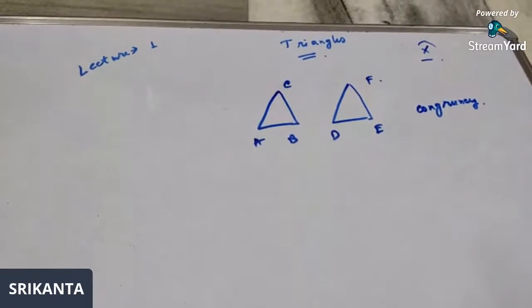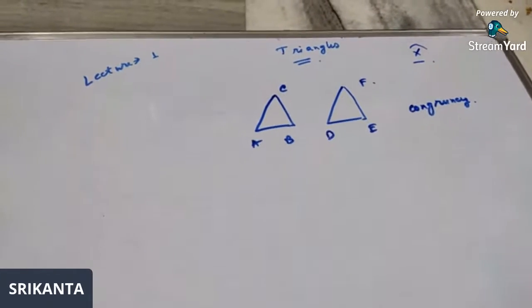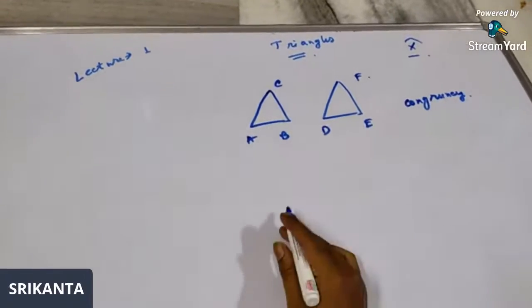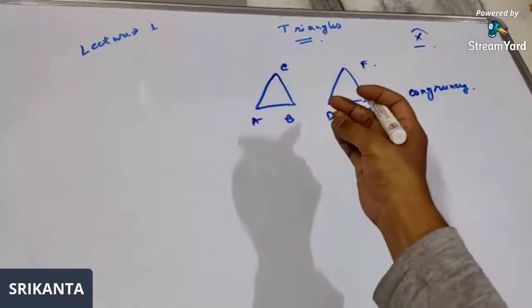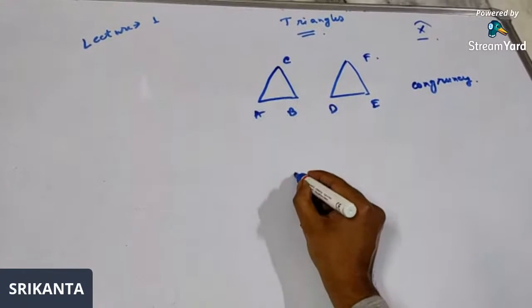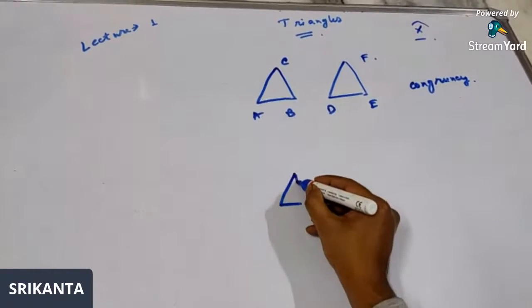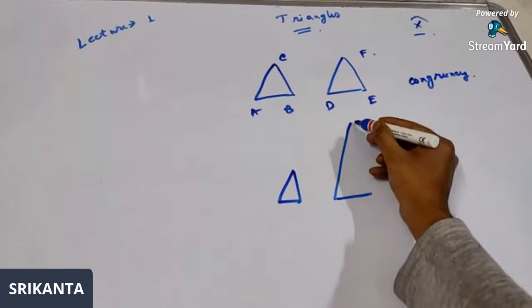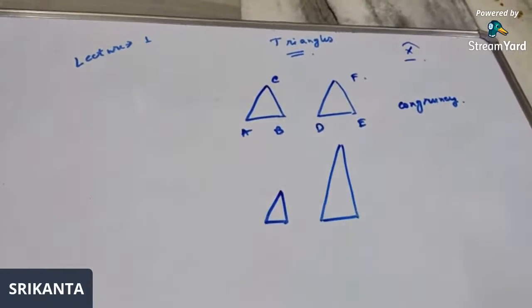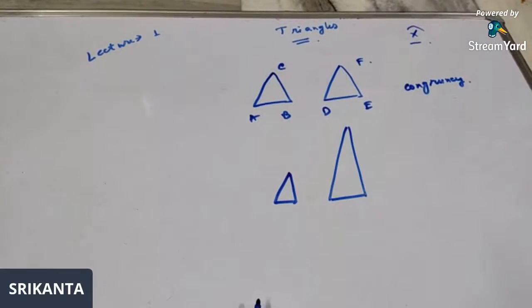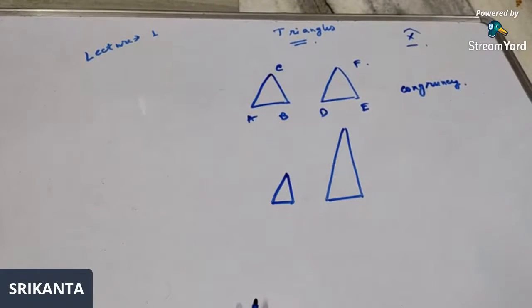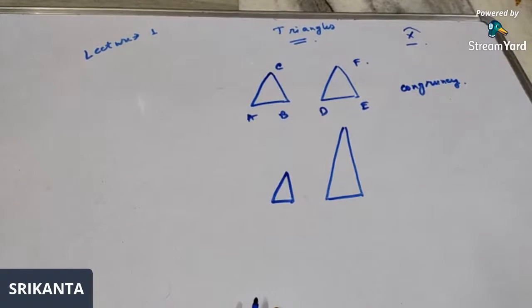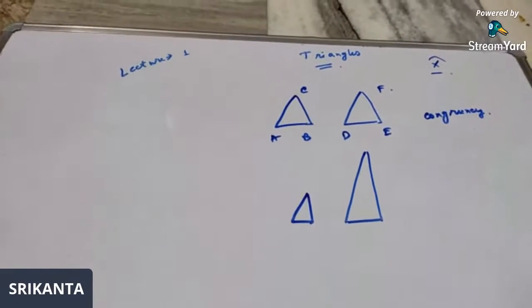Now we are going to understand similarity. Now this is where it differs from congruency. Suppose this is a triangle, and this is a triangle. So these two triangles are there.